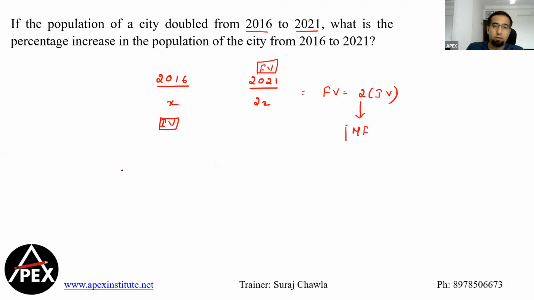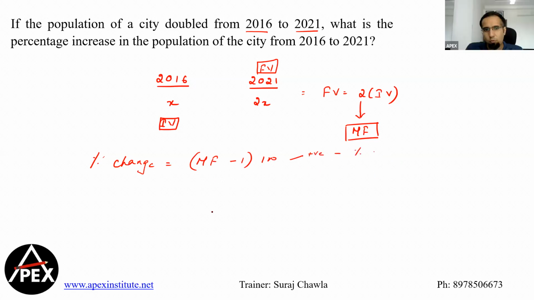Now remember the formula. Percentage change is multiplying factor. Clear? What is the formula? Multiplying factor minus 1 or 1 minus multiplying factor? Multiplying factor minus 1, into 100. If this is positive, that means obviously there's a percentage increase. And if this is negative, that means there is a percentage decrease.